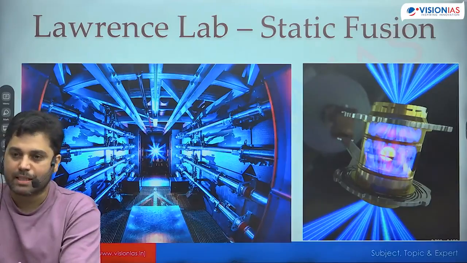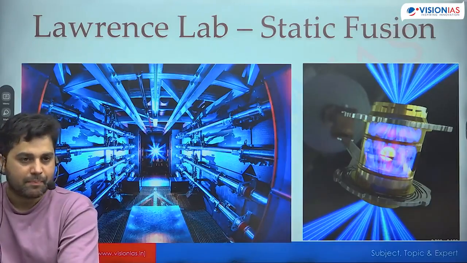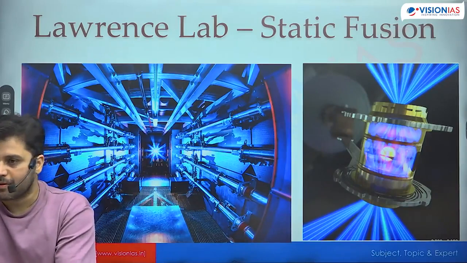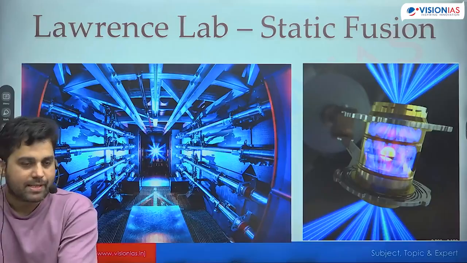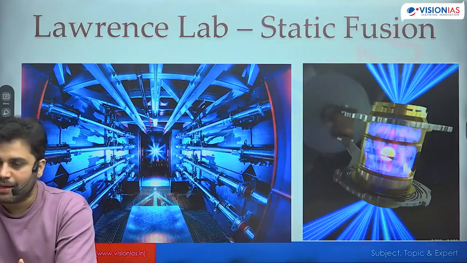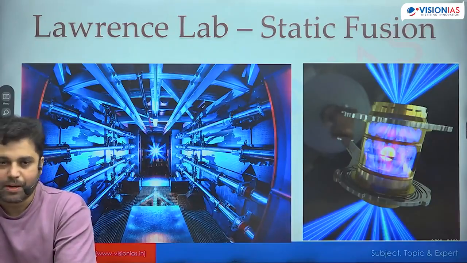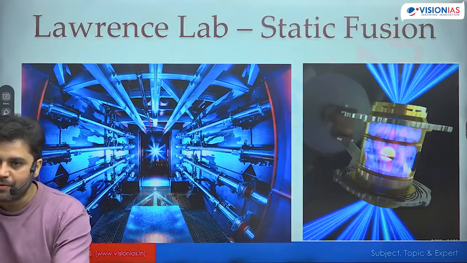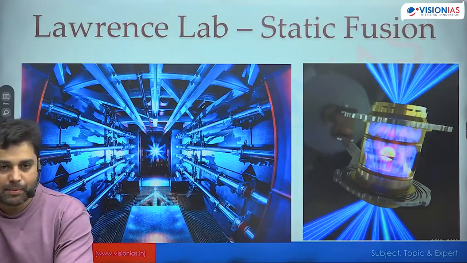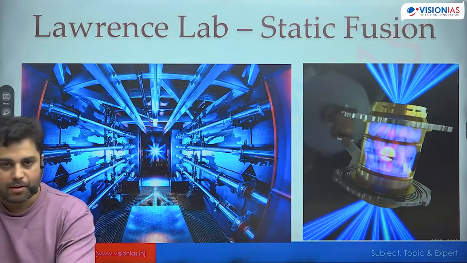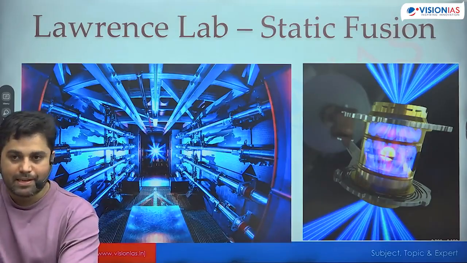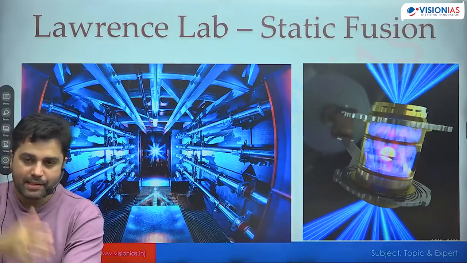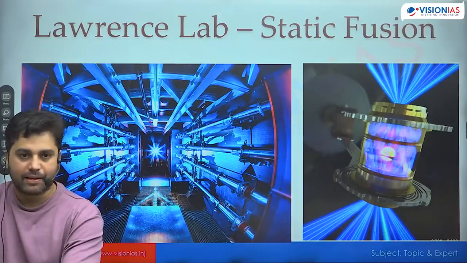Think of this like a business. You invested 100 rupees and you're hoping that you will get 150 rupees out of it. But if you have invested 100 rupees and all the time you are getting 80 rupees or 70 rupees, that's not a very good business. Before Lawrence Lab's announcement, fusion was exactly this: everybody was investing 100 joules of energy, and the energy they were getting was 50, 60, 70.